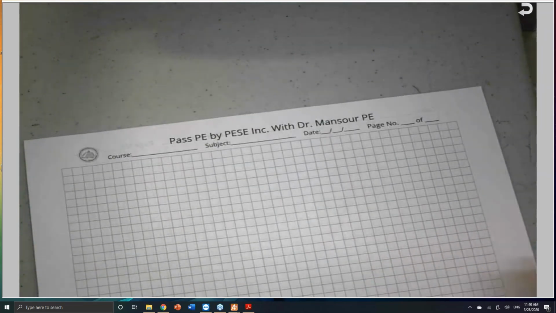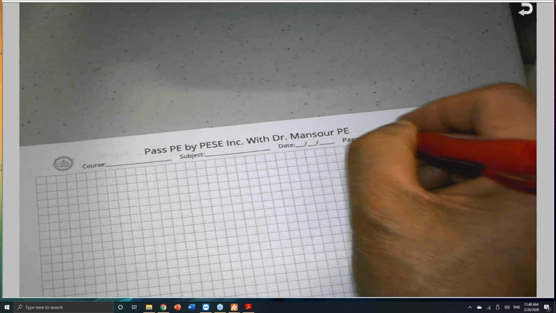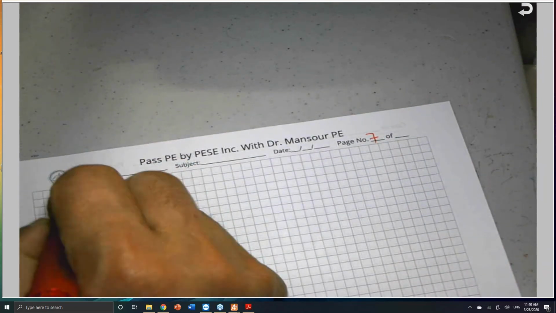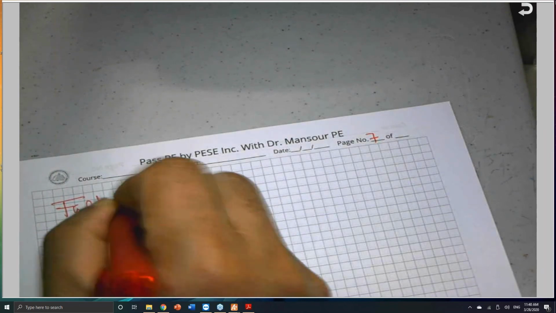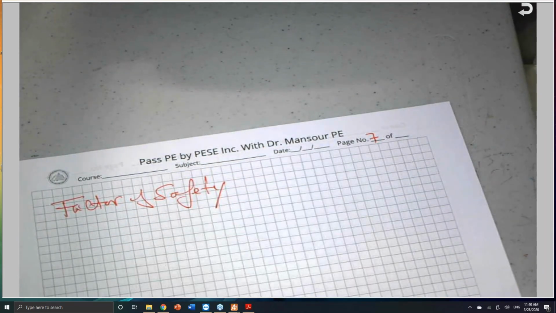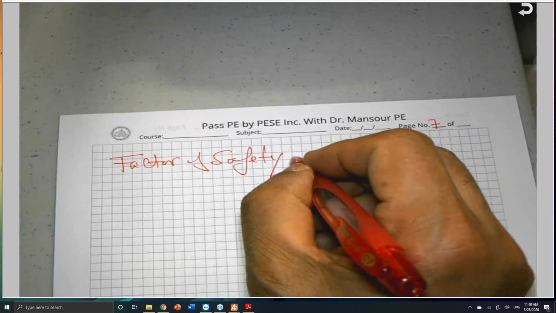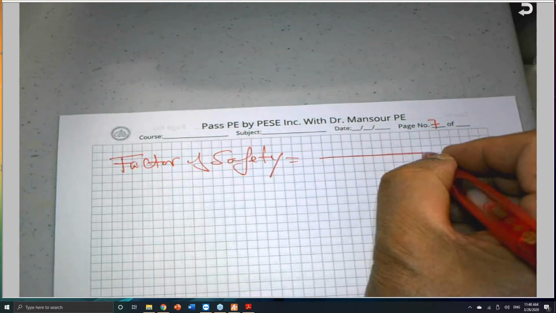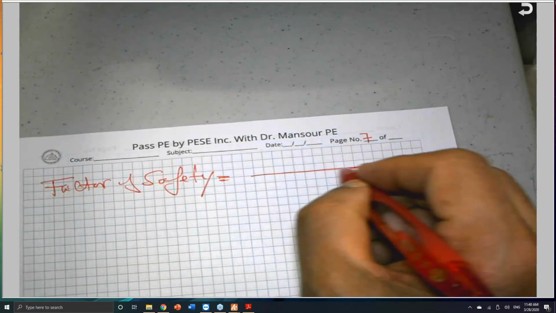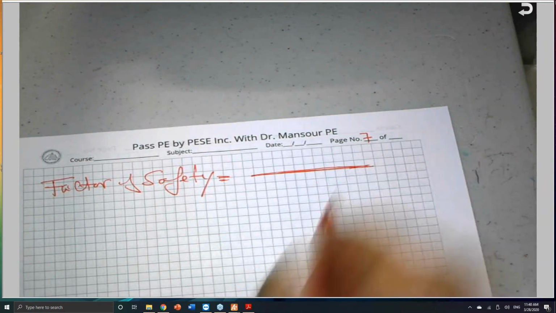So the factor of safety is the ratio between two things: something trying to resist and something trying to disturb.